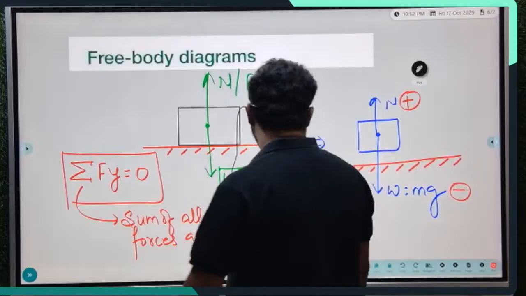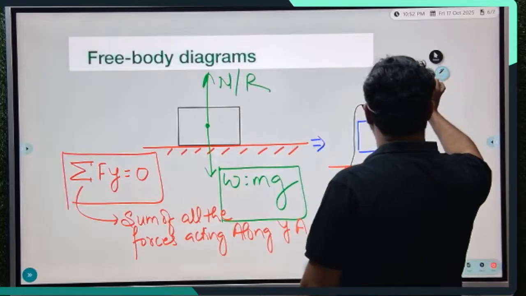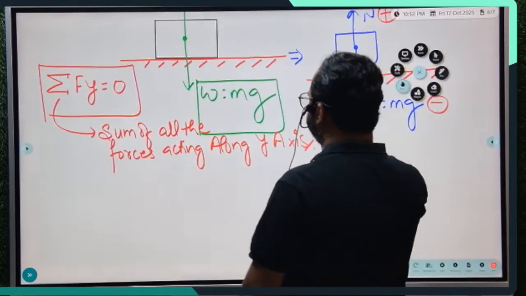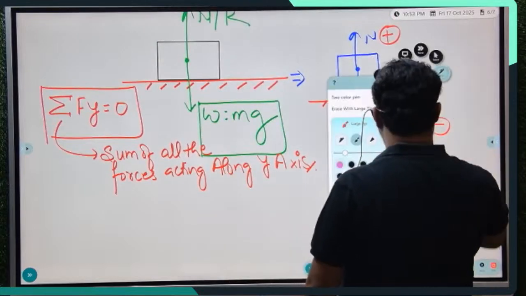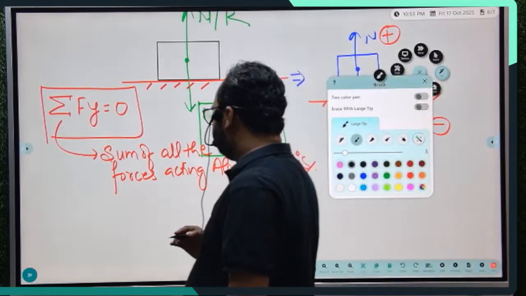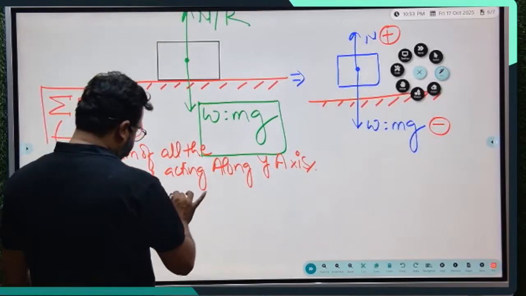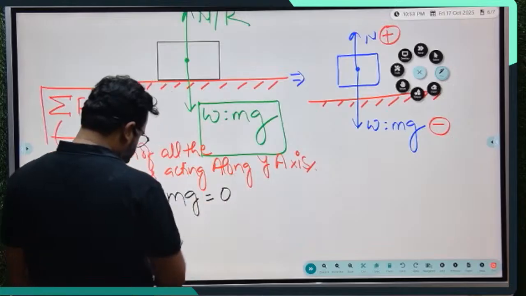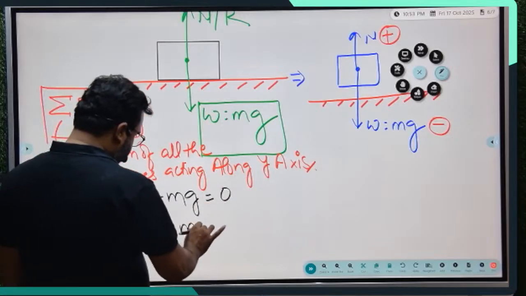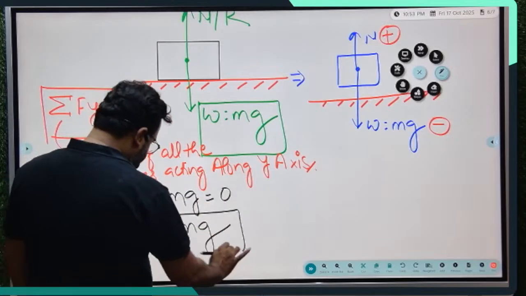Clear? It is equal to 0. So the normal force is positive, the weight is negative, and the sum is equal to 0. So N is equal to mg.